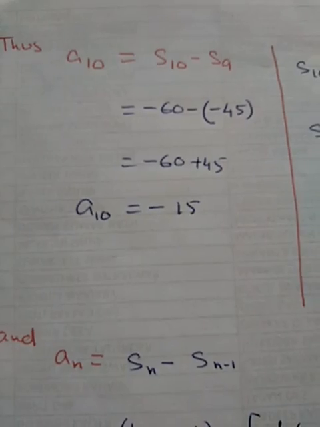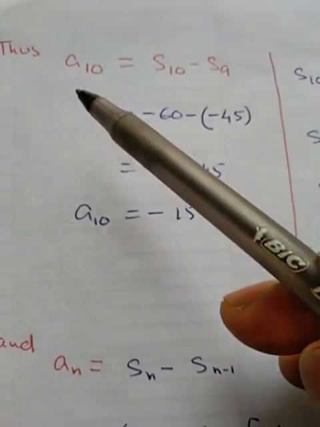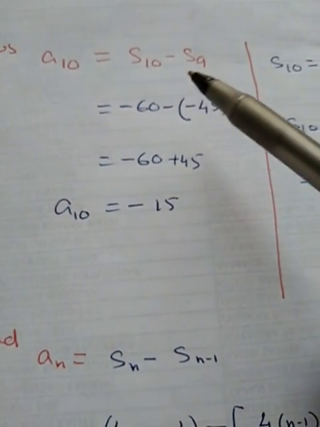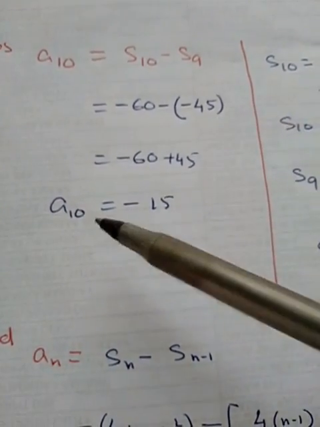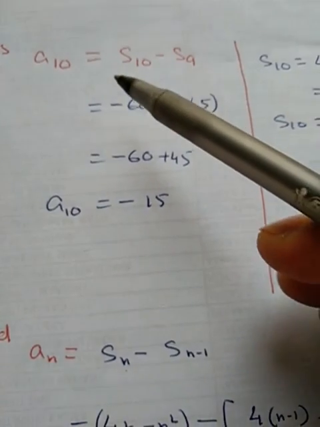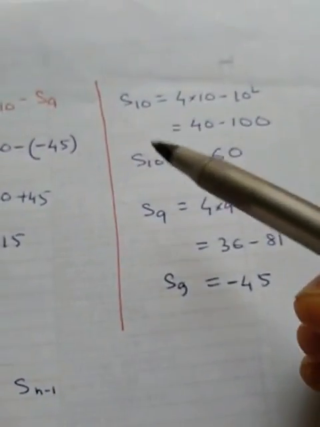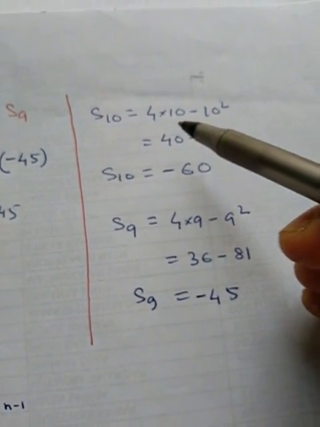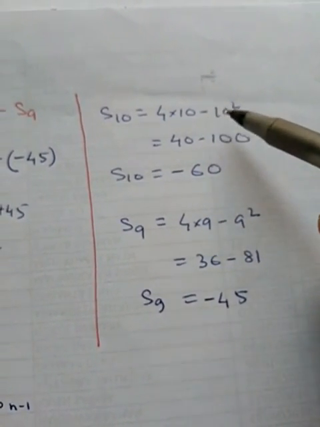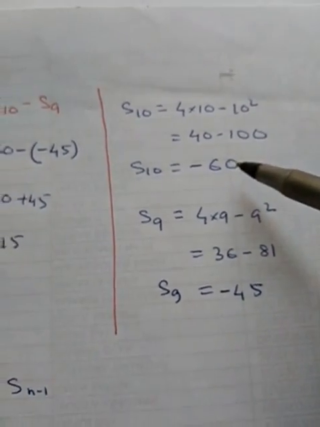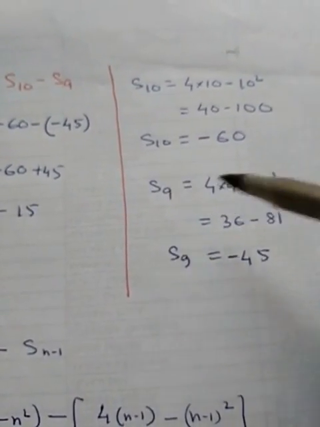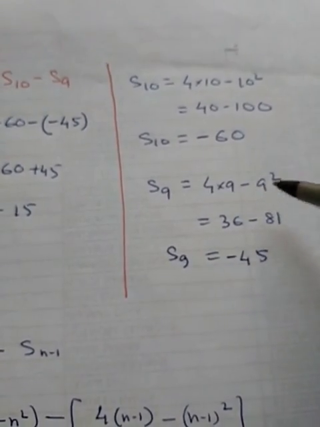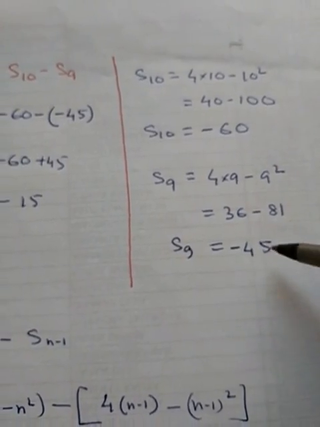Similarly, A10 can be S10 minus S9 using the earlier relation. S10 we can get from the given condition Sn, 4n minus n square, so 4 into 10 minus 10 square, that is minus 60. Similarly S9 is 4 into 9 minus 9 square, that is minus 45.